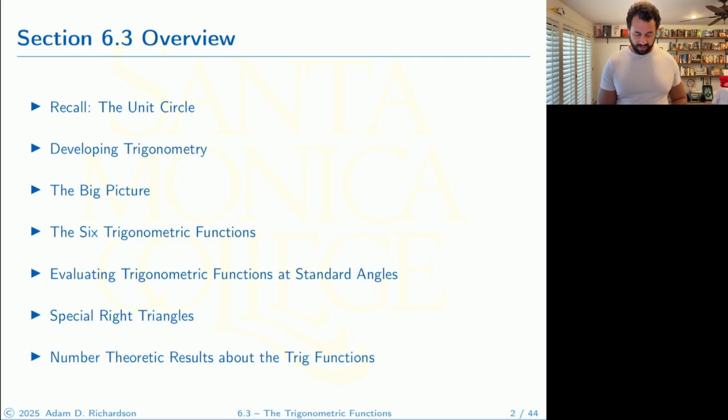But knowing those basic standard angles and knowing these special right triangles is going to allow you to evaluate all of the trigonometric function values that we're going to be concerned with. Then I'm going to finish up by giving some number theoretic results about the trig functions to motivate why I am relying so heavily on these special right triangles, and why we're allowed to do that.